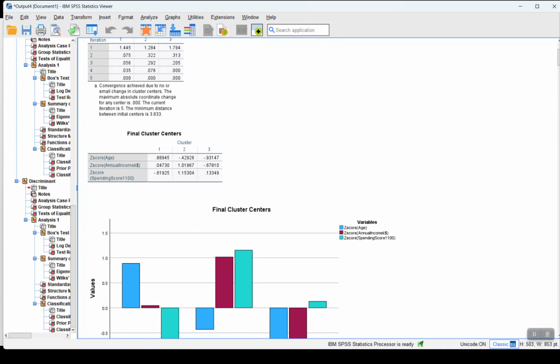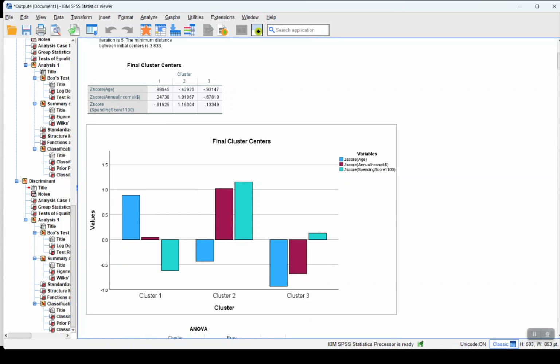If you remember, these three clusters were created, and the first cluster had customers from the mall who were above the average age. Income was slightly higher, but the spending score was much lower than the average spending score. For cluster 2, the age was below average, but the income and spending score were pretty high.